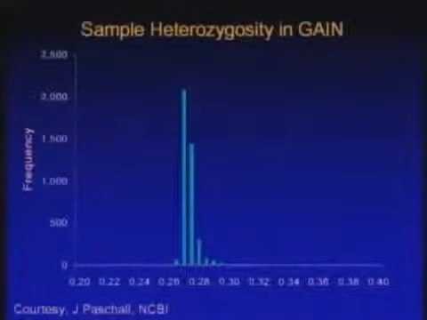This is a plot of heterozygosity. What one does is basically calculate the proportion of heterozygotes in the population for each SNP. And as you can see, it really kind of clusters around this 0.27 to 0.30 range. You can't see very well, but there actually are SNPs shown along that fall out here.